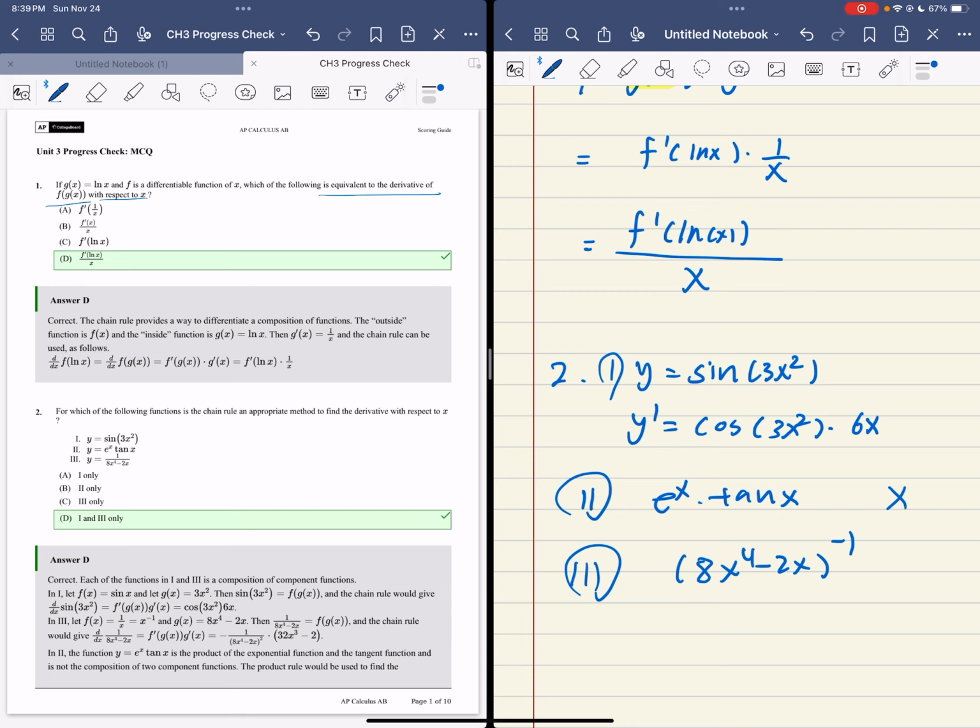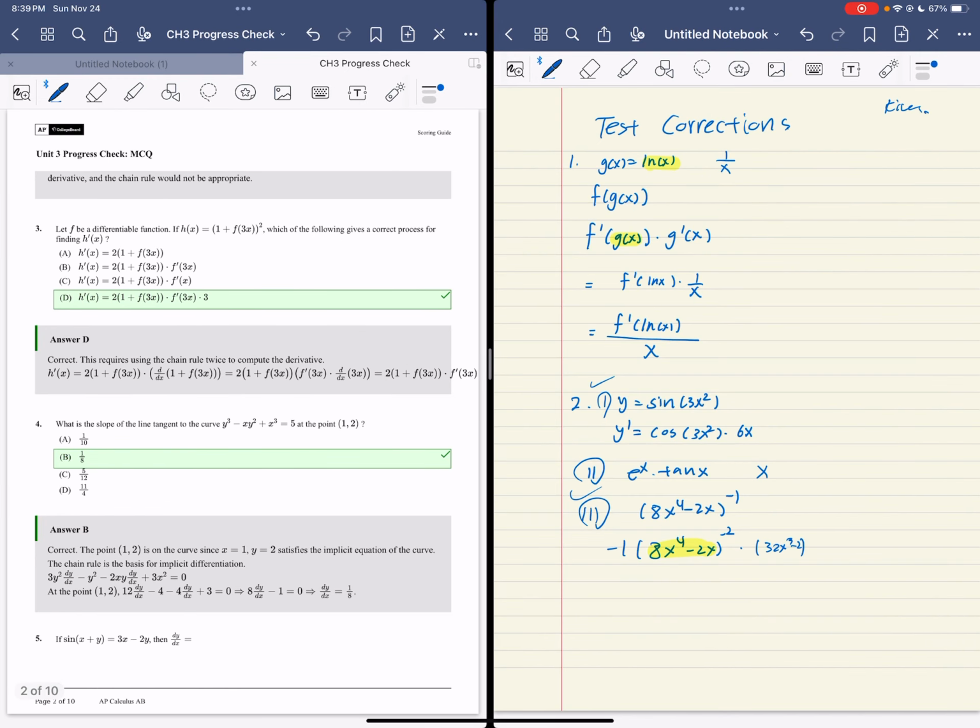That's going to be chain rule, because when you do it, it's going to be negative 1 times 8x to the fourth power minus 2x to the negative 2 power, times the derivative of inside, which is 32x to the third power minus 2. So number 1 and number 3 are both the chain rule. So it's going to be D.